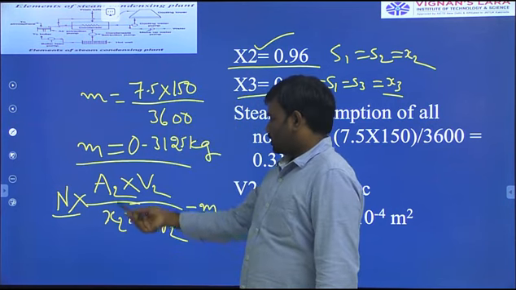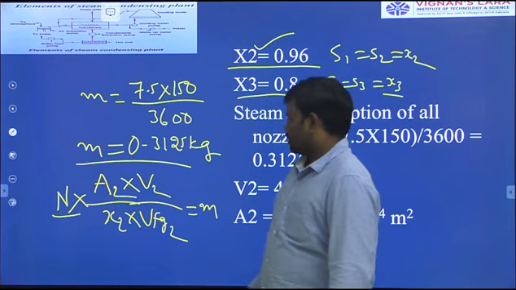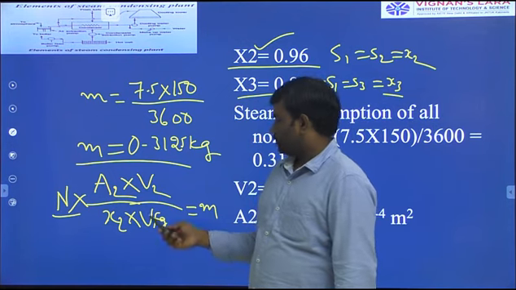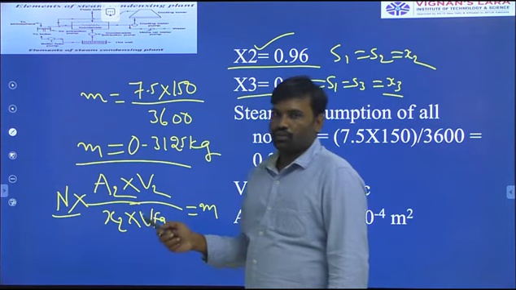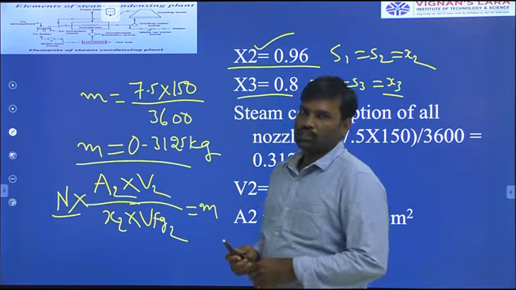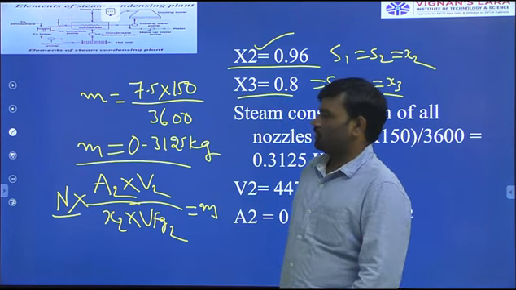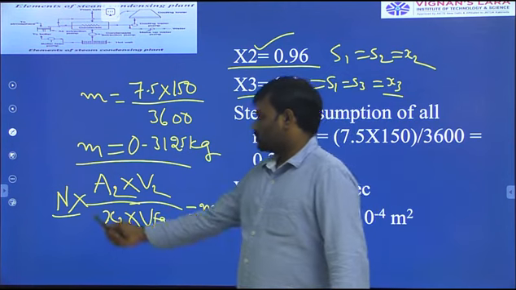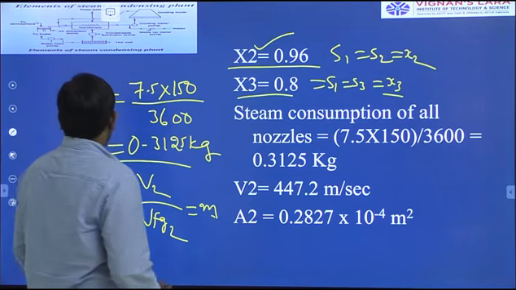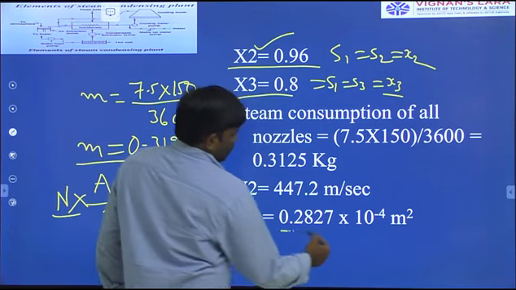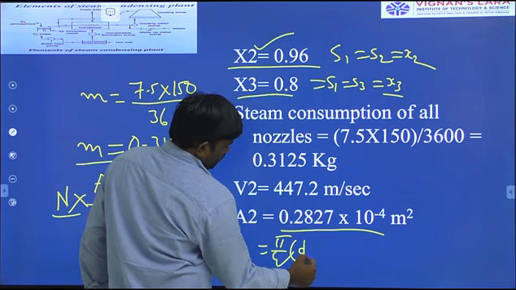On the left side all values are known. The area is known, the exit velocity at the throat section is known, the X2 value is known, and the VFG value you can take directly from the steam table book. The M value is 0.3125, and the only unknown is the number of nozzles, which you can determine. The area is pi by 4 into d2 square.